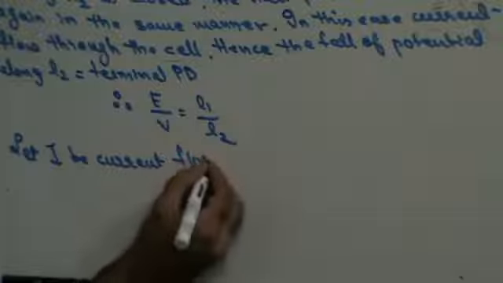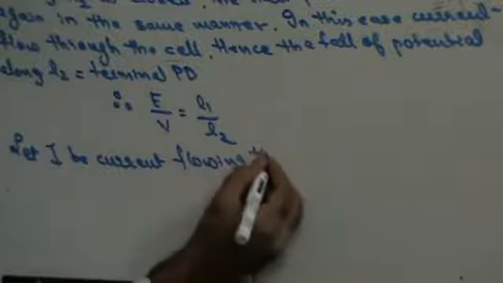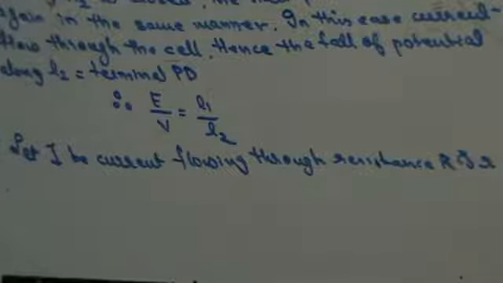Now if current I is flowing through the circuit, let I be the current flowing through resistance R and internal resistance r.